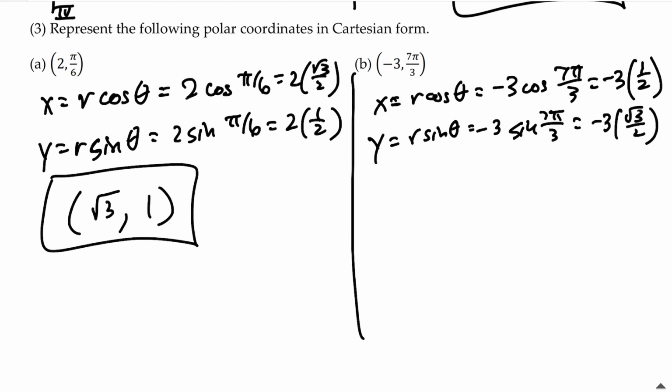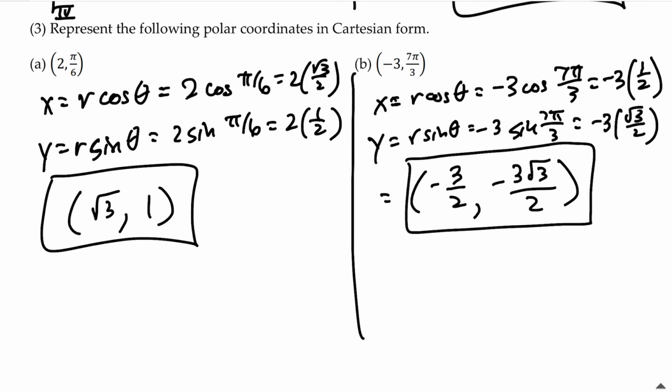So that'll just give us radical 3 over 2. So we're going to end up with, it looks like, -3 over 2 and -3 radical 3 over 2. So our coordinate is in the third quadrant, even though the angle measure by itself would give us pi over 3. But we're measuring in reverse because we have a negative r value.